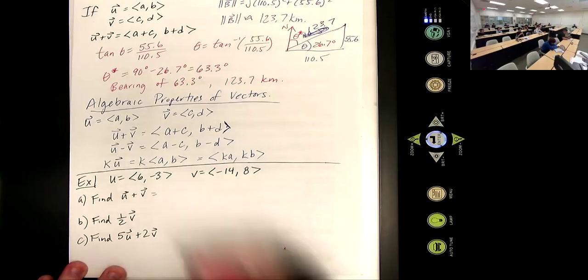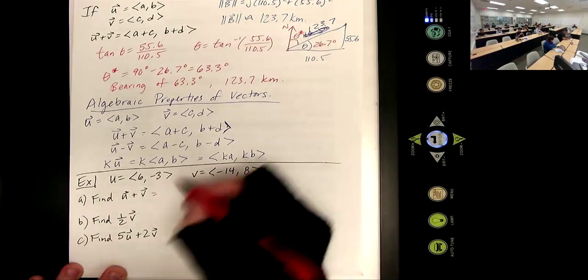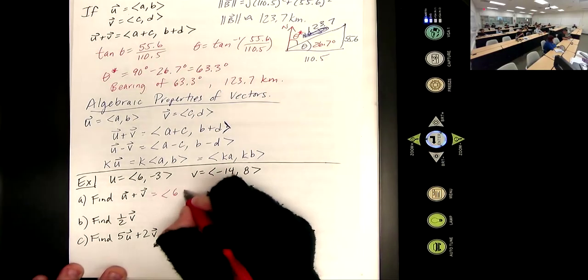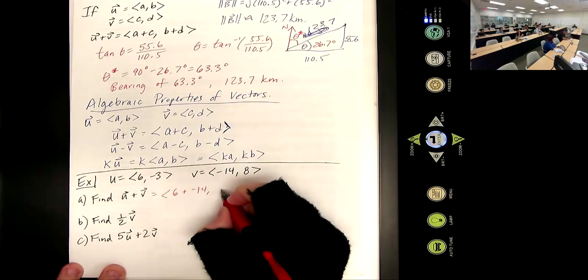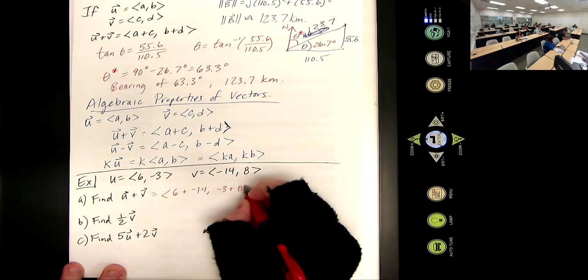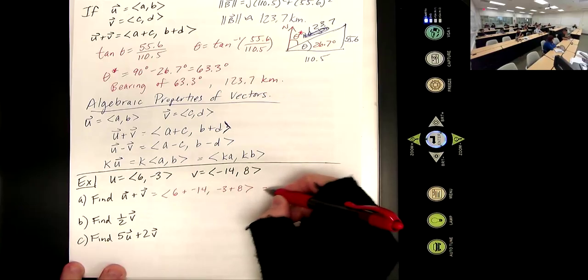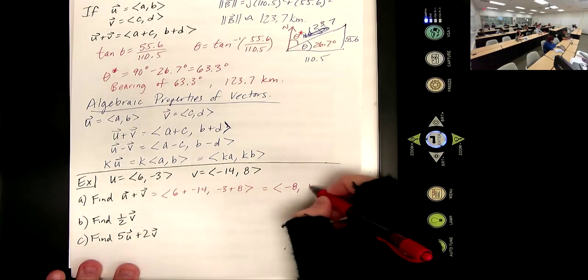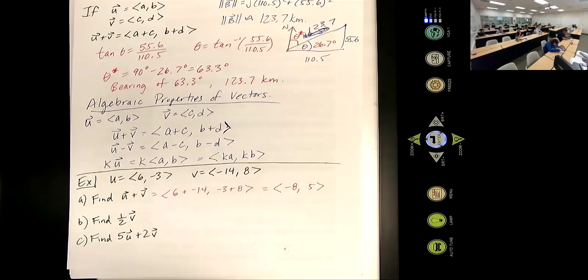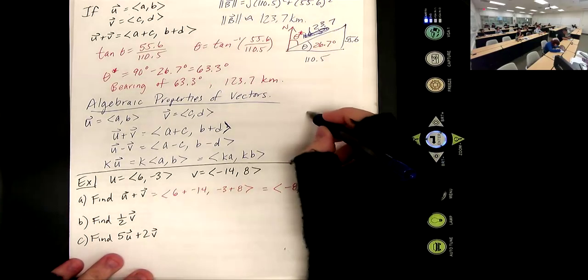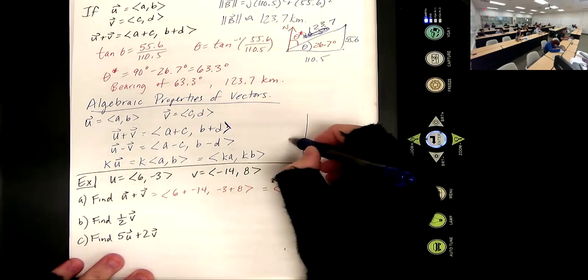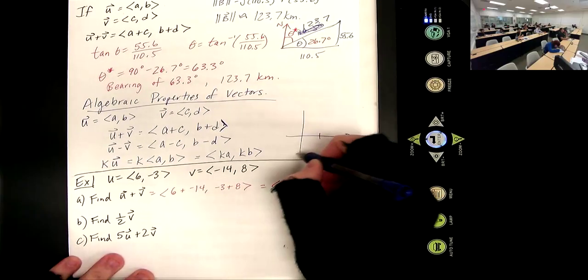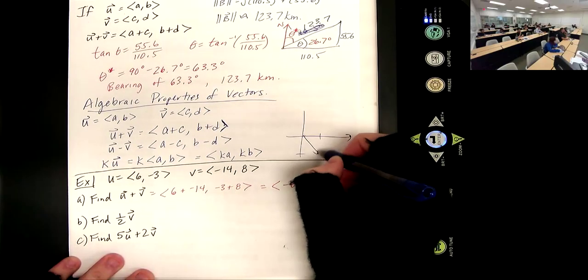Alright, what do we get when we do this? We're adding the x components, and we're adding the y components. So what is the resulting vector? Pictorially, 6, -14 is down here.